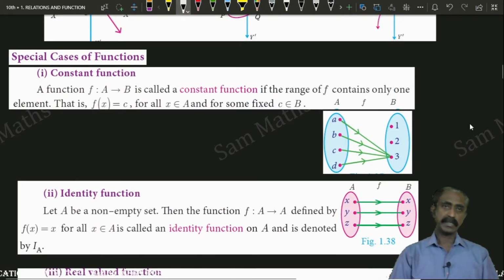Some special cases of function. Constant function. A function f from A to B is called a constant function if the range of f contains only one element, that is, f of x is equal to c for all x belongs to A and for some fixed c belongs to B. Here you can see that example.